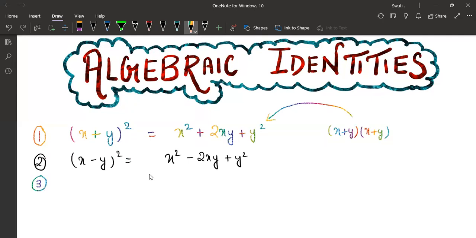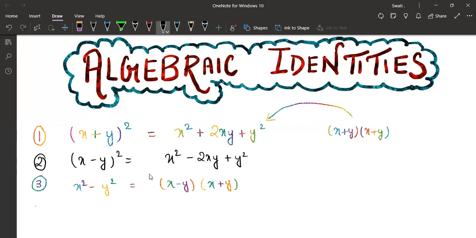If you have any doubt on that, let me know in the comment section and I'll make a separate video on the same. Let's move to the next one, which is x squared minus y squared, a very important and very famous identity. That equals x minus y multiplied by x plus y. Multiplication is commutative, so you can also write it as x plus y multiplied by x minus y.